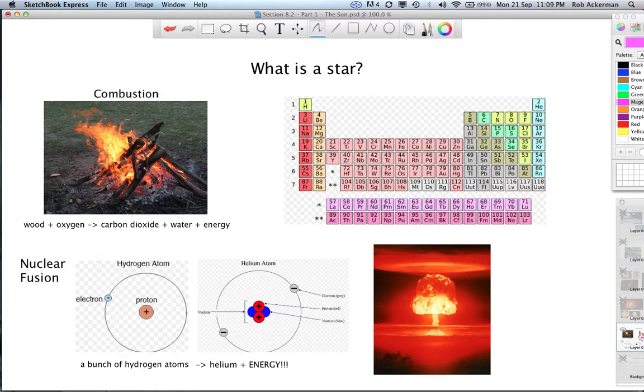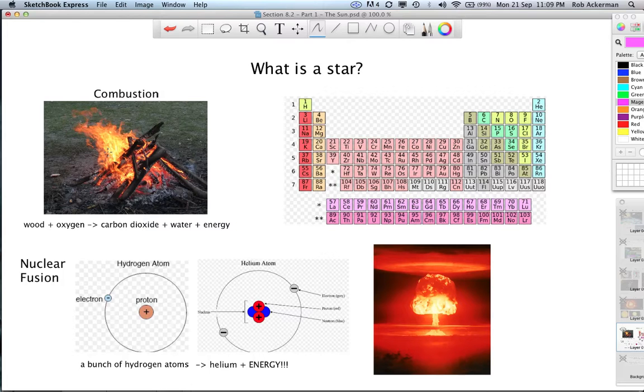And so they asked themselves a question: for the sun to produce as much energy as it does, and knowing how big it is, could all the coal or wood in there last long enough to give energy to the Earth for the length of time that we know the Earth has been around?